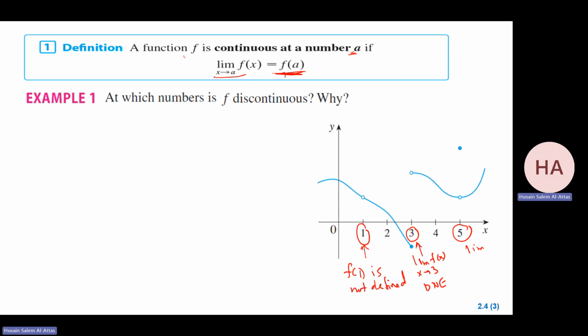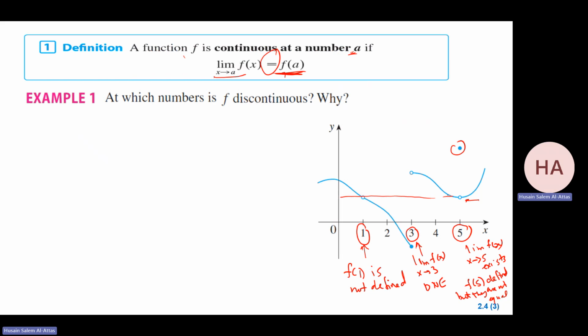The limit exists. F of 5 is defined, but they are not equal to each other. So what's missing is the equality, because the limit will be something here, and this is f of 5, so they are not the same.